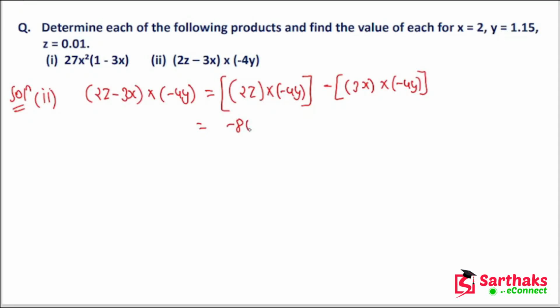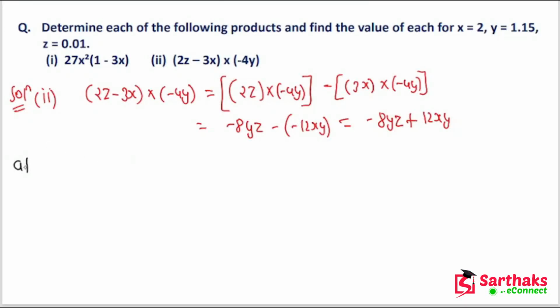So 2z into minus 4y would be minus 8yz, and minus 3x into minus 4y would be plus 12xy. If you open it, it would be minus 8yz plus 12xy, right?